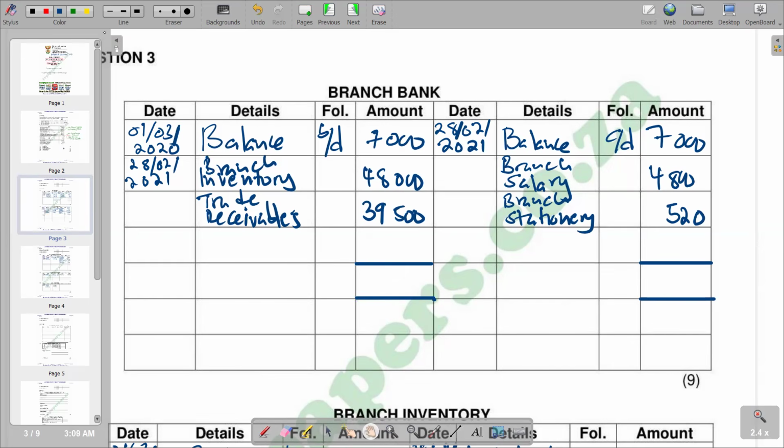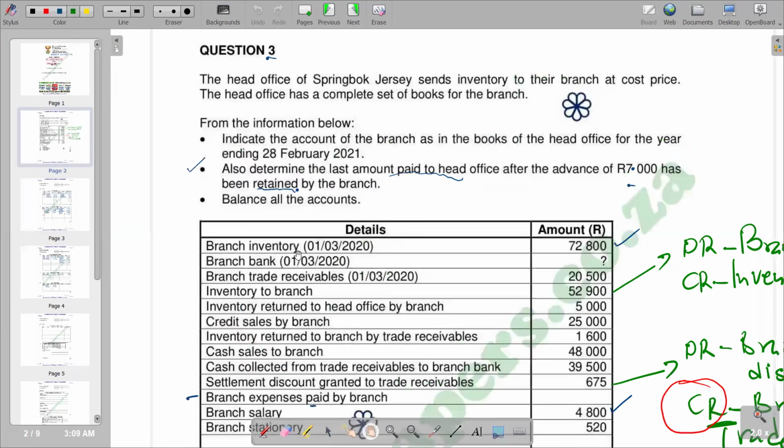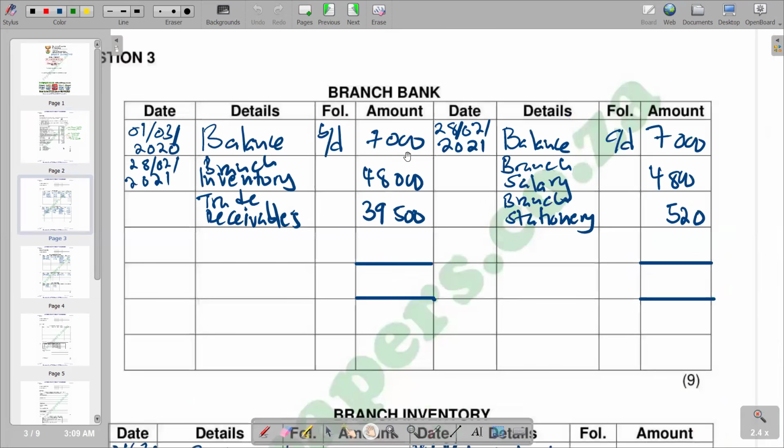So if we've got our double lines, we can now balance our accounts, whereby we already have balance CD. But if you come here in the question, we are told to also determine the last amount paid to head office. So this is the balancing amount in the bank account. The last amount paid to the head office is the one that we are going to find as a balancing figure in here. And we are going to transfer it to head office bank.